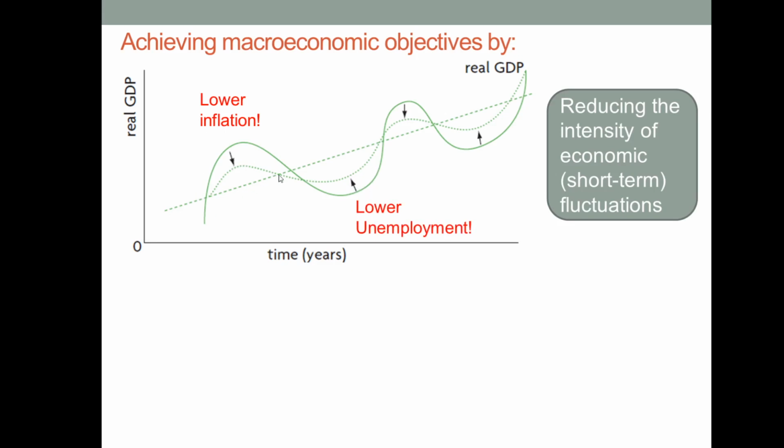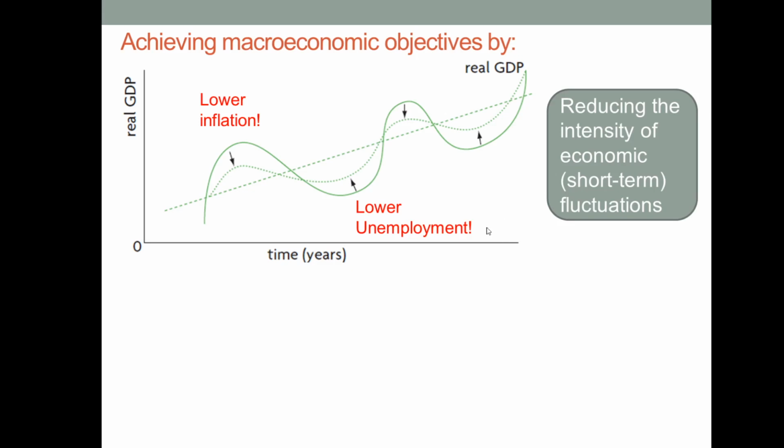Along the way, you are going to achieve the same result without causing so much more trouble to your people in your country. So here you can see price stability and full employment. These are the objectives that all governments are trying to achieve.